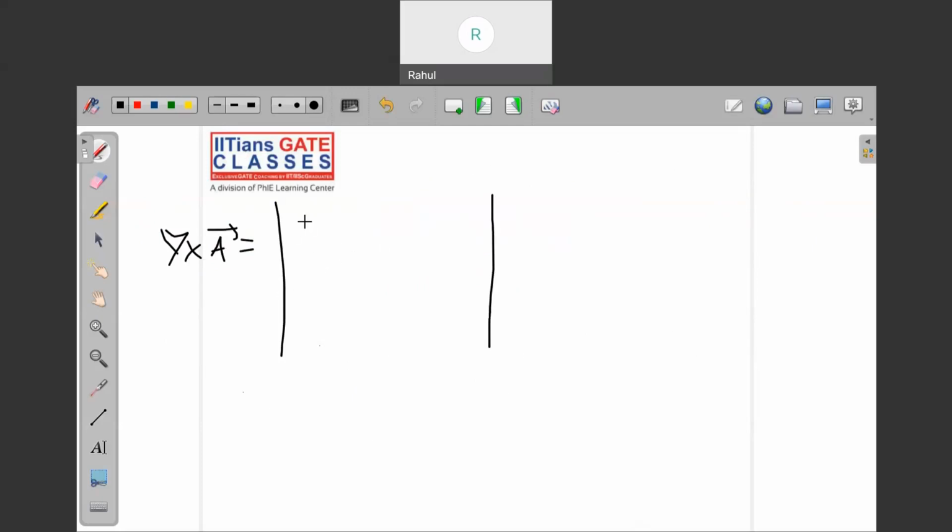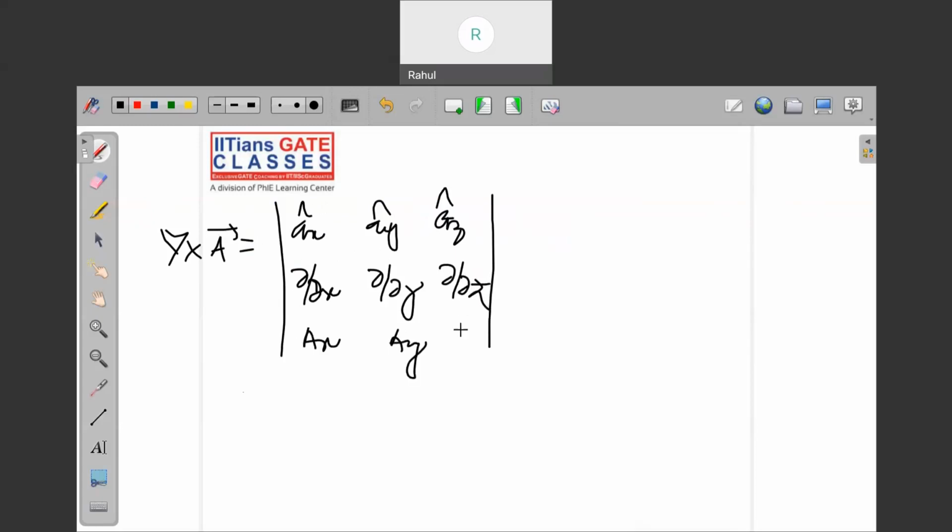Inside this matrix you put the unit vectors ax, ay, az, then the partial derivatives del by del x, del by del y, del by del z, and the components Ax, Ay, Az. It is a determinant kind of thing, so you have to compute this determinant. This is in case of Cartesian.